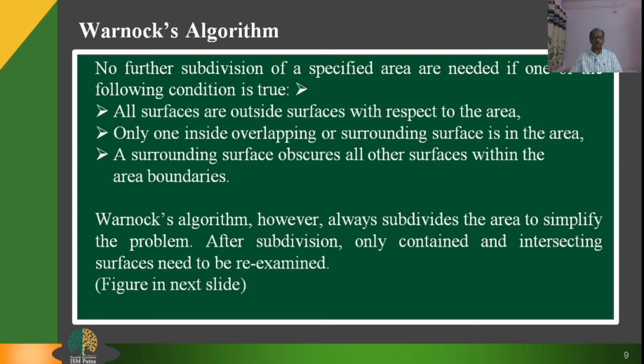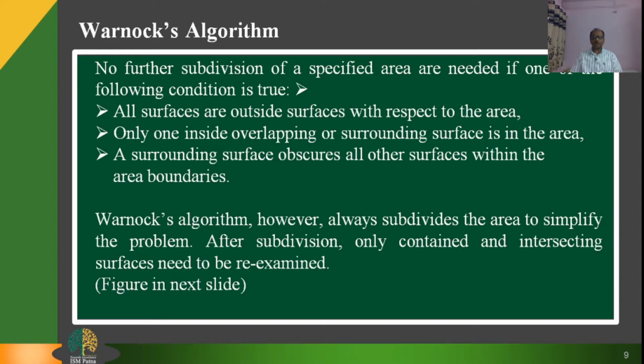No further subdivision of a specified area is needed if one of the following conditions is true. All surfaces are outside surfaces with respect to the area. Only one inside, overlapping or surrounding surface is in the area.